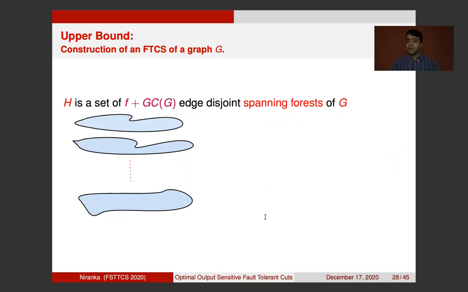Take an edge u comma v from the graph G, and find, starting from F1 up to F of small f plus GC(G), the first place where u and v belong to different components, and attach the edge there. In this way, we slowly build this edge-disjoint spanning forest, taking edges one by one from G.